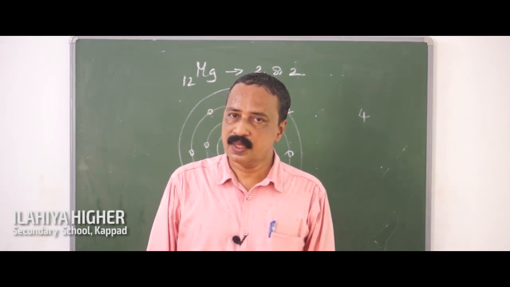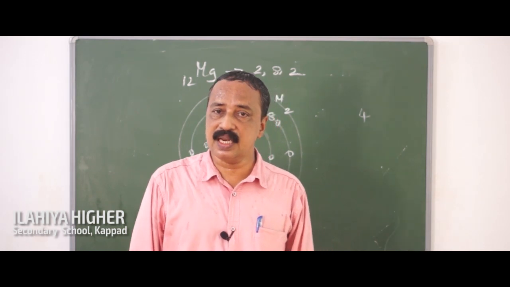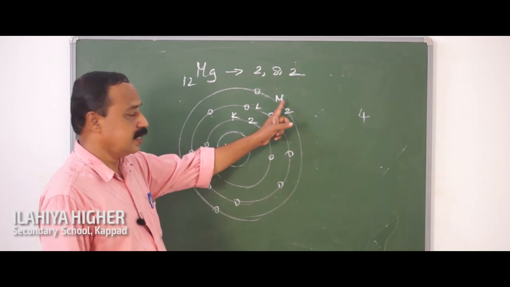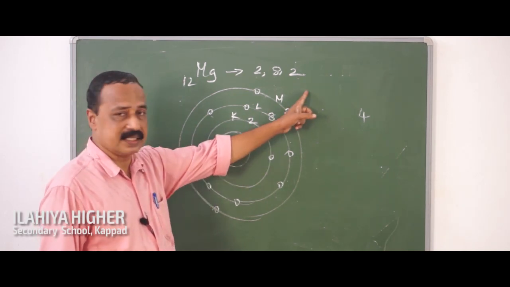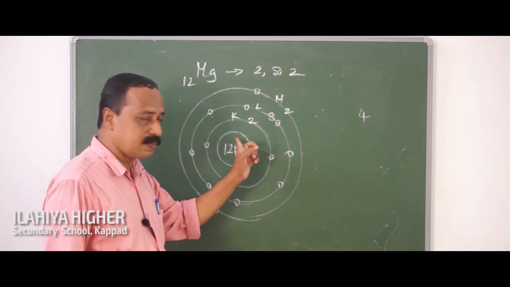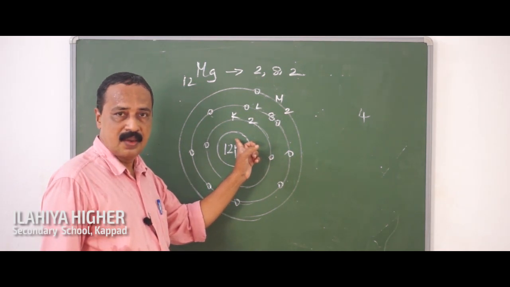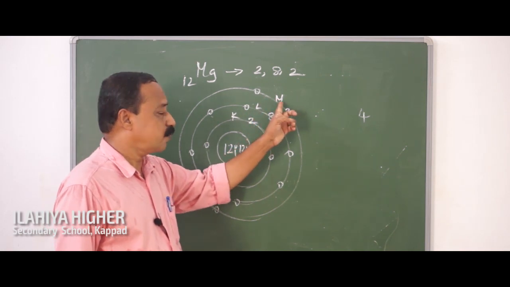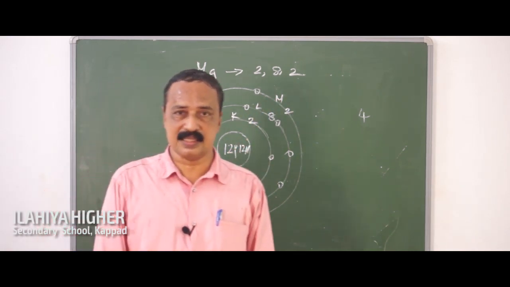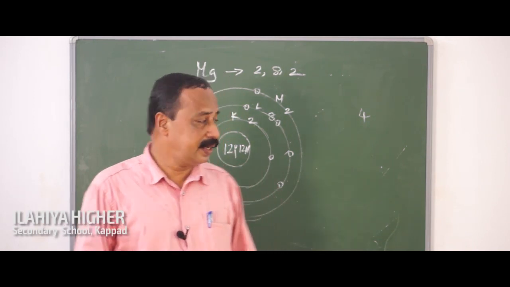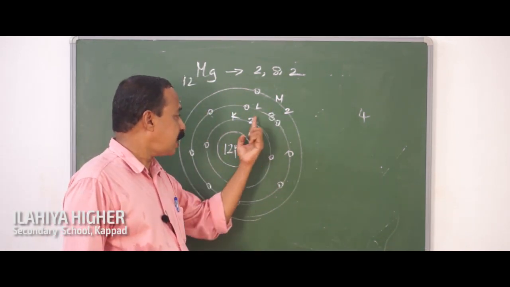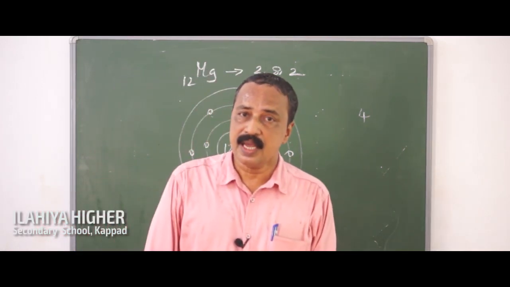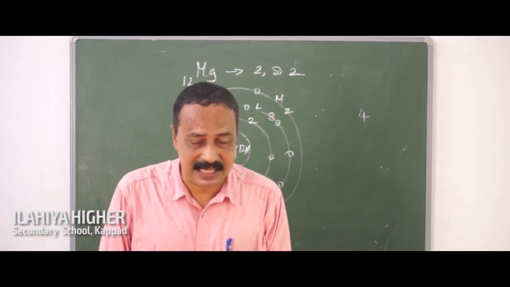Remember this point: the energy of the electron in the shell increases as the distance from the nucleus increases. And the attractive force between the nucleus and the electron decreases.